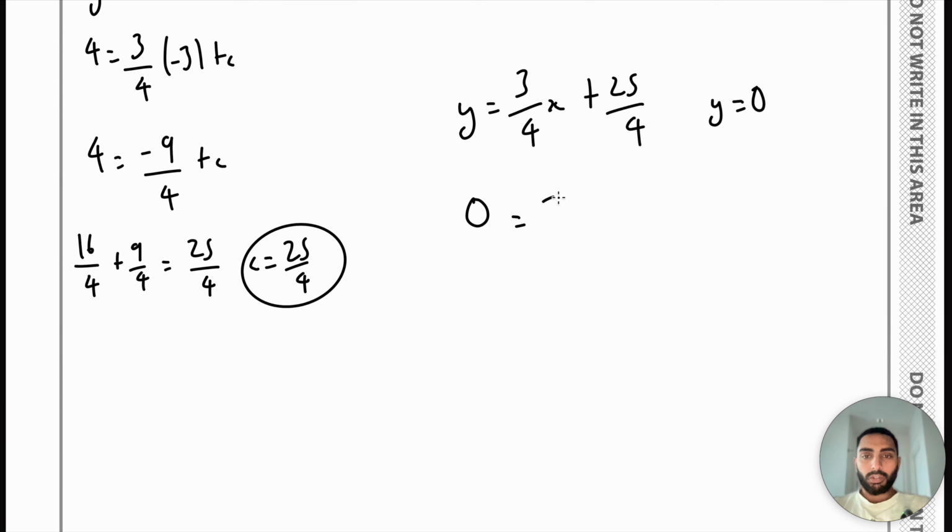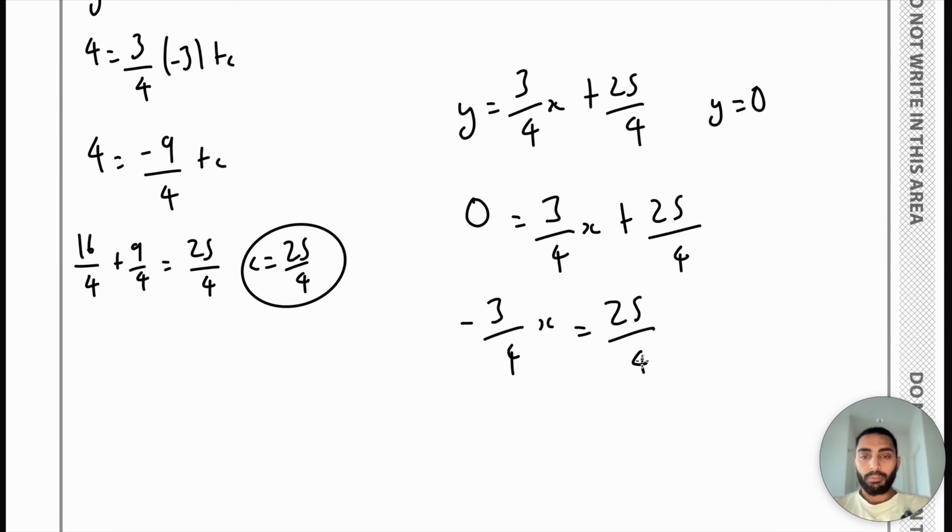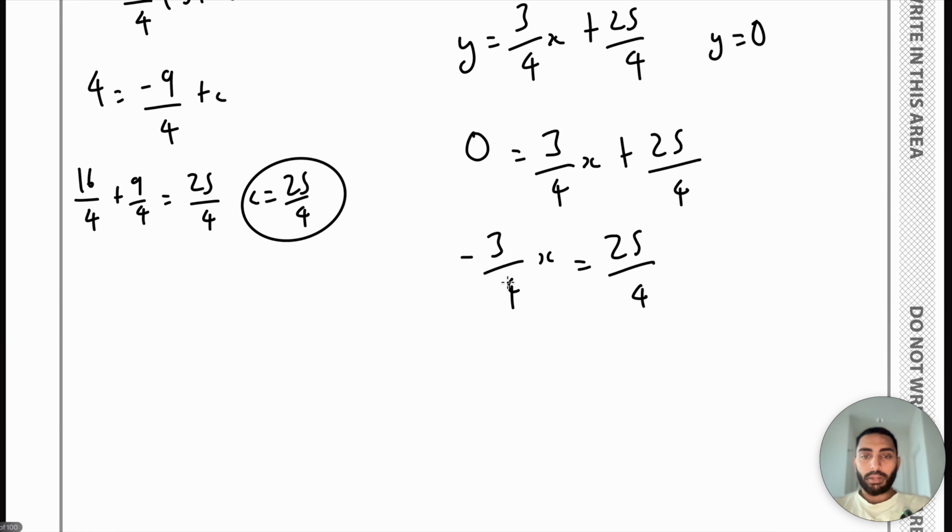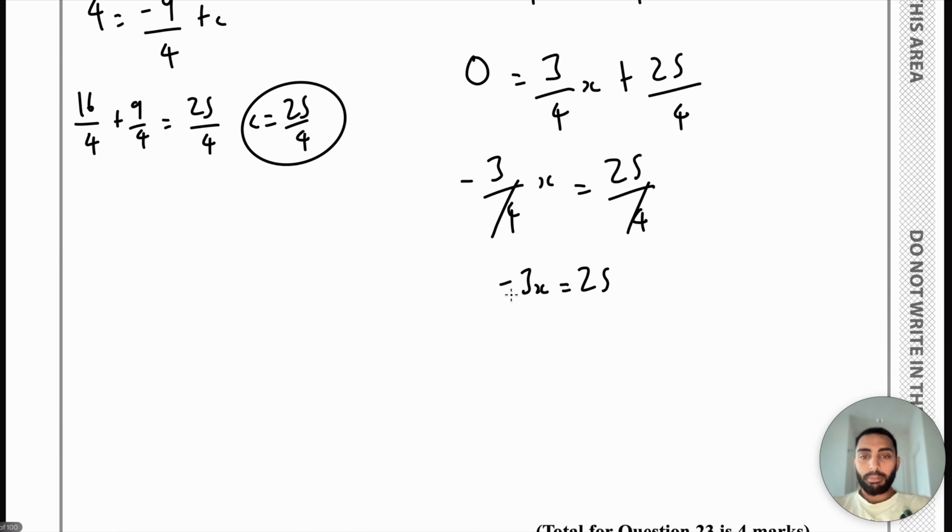So 0 is equal to 3/4 x plus 25 over 4. I'm going to move this 3/4 x over to the other side. So it becomes -3/4 x equals 25 over 4. And I can cancel out these 4s by multiplying by 4 on both sides. So I'm left with -3x is equal to 25. Just dividing by -3 on both sides, x is equal to -25 over 3.